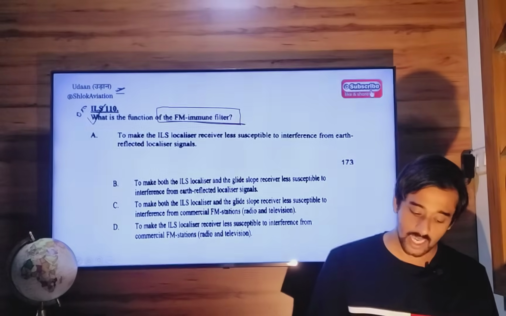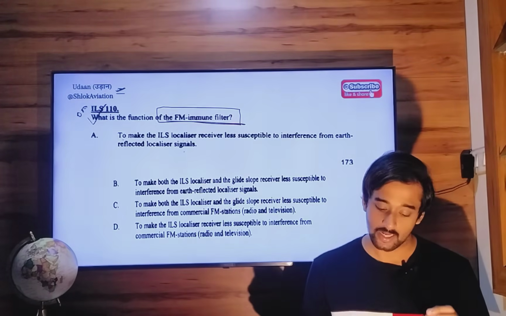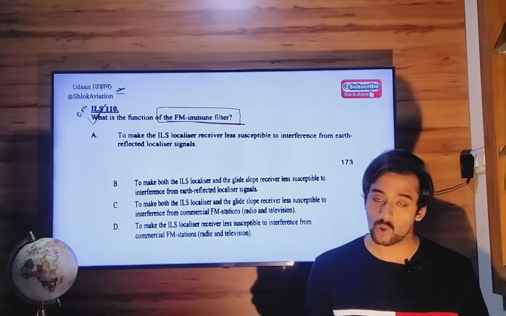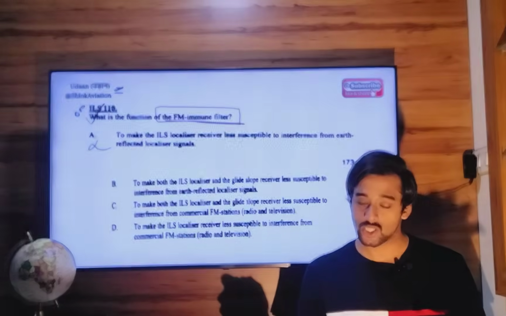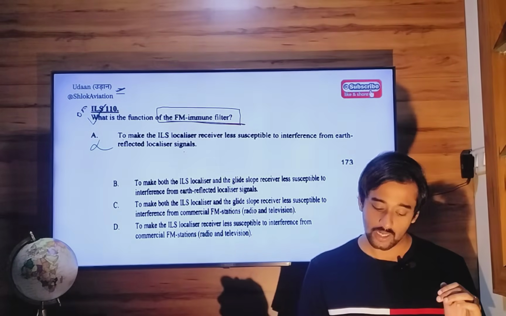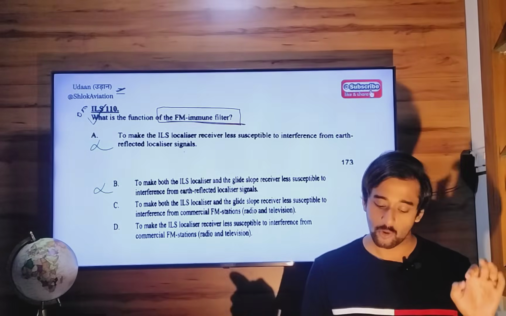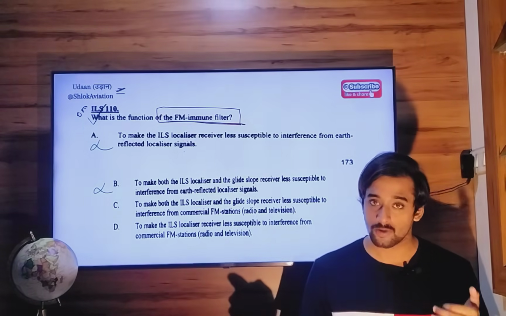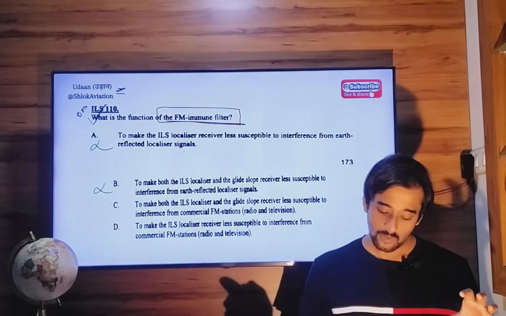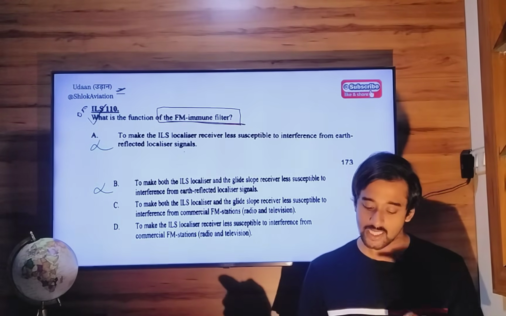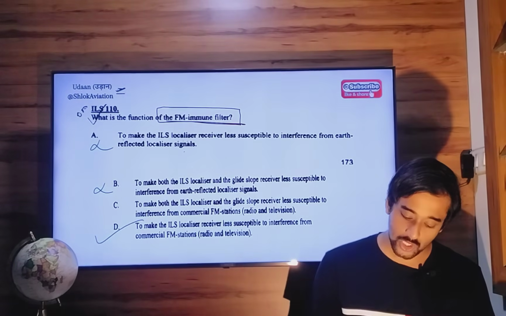So the correct answer here: to make the ILS localizer receiver less susceptible to interference from Earth reflected localizer signals? No. To make both ILS localizer and glide slope less susceptible to interference from Earth reflected localizer signals? No. To make both ILS and glide slope less susceptible to interference from commercial FM stations? No. To make the ILS localizer receiver less susceptible to interference from FM stations. So the correct answer is option delta.